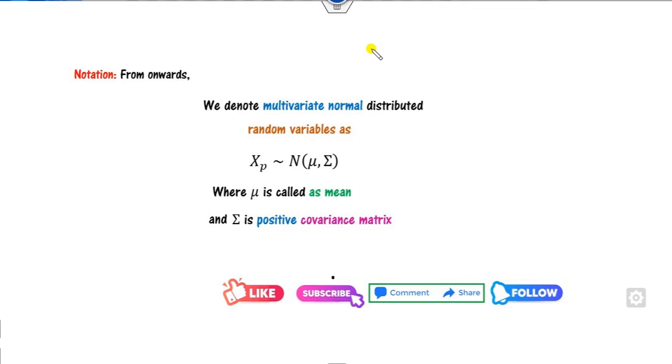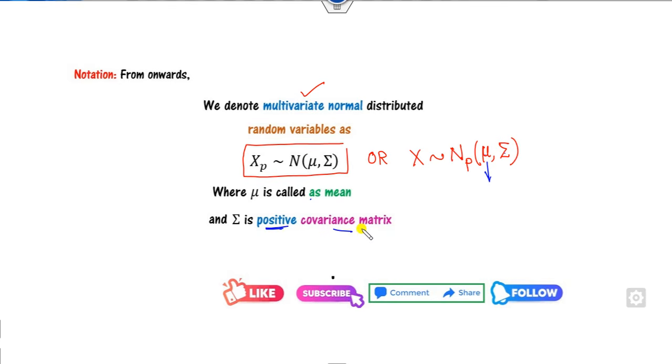From this onward, we will denote the multivariate normal distribution by N_p, or sometimes I will write X follows the p-variate normal distribution, where mu is called the mean and sigma is called the positive definite covariance matrix, which can be written as A into A transpose, where A is my p cross p non-singular matrix.